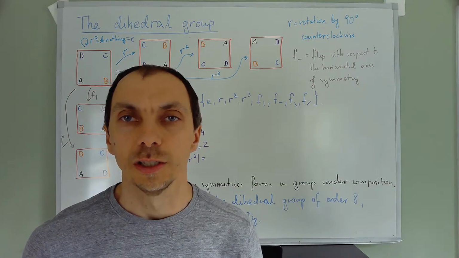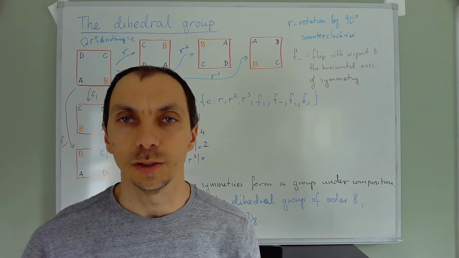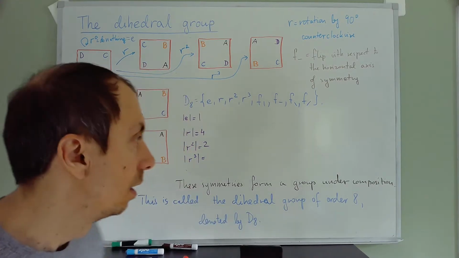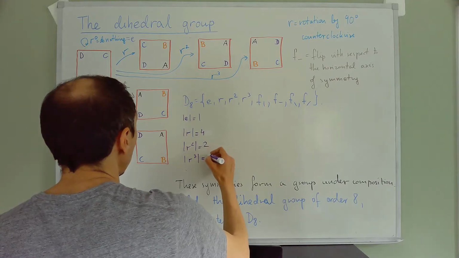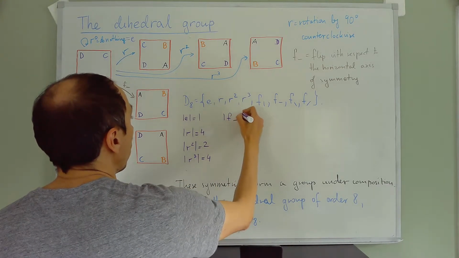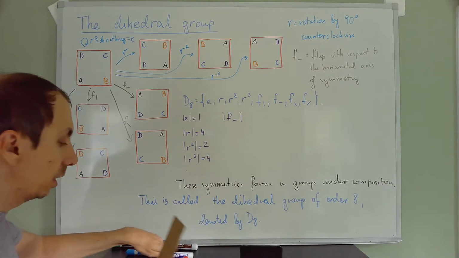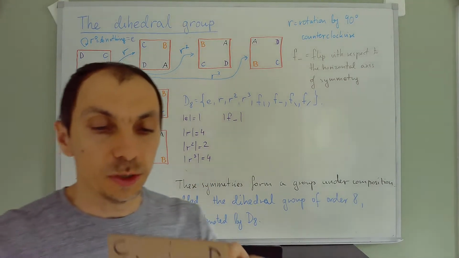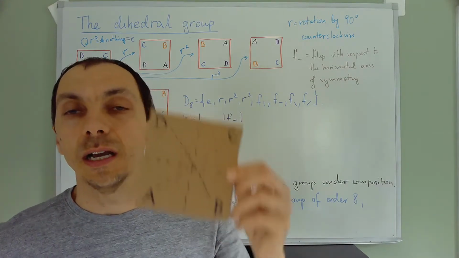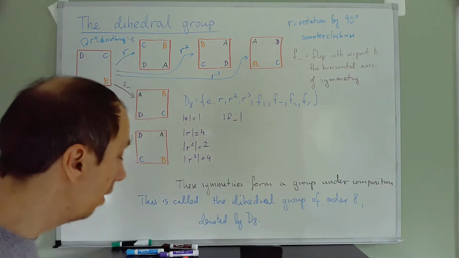It's still not a multiple of 360. But do it again, and finally you get the do nothing transformation. So the order here is 4. What about the flips? If I flip the square once and then again, I come back to the original square. So the order of every flip is 2.